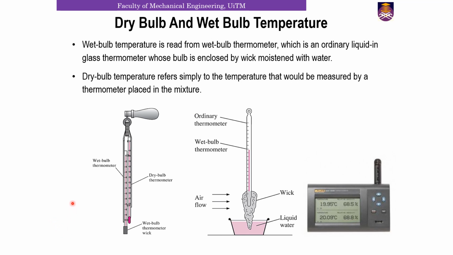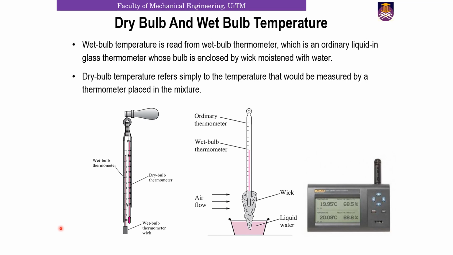Now if you look at this set of thermometers, this is called a sling thermometer, or hygrometer. You have two thermometers. One thermometer's bulb is exposed to air. Another thermometer is covered with a wet wick. In other words, you can also use a wet cloth.